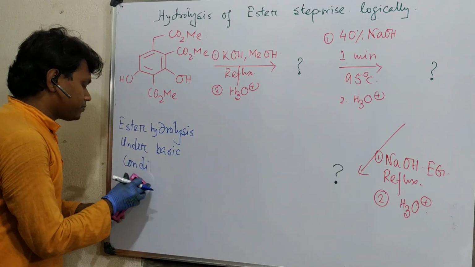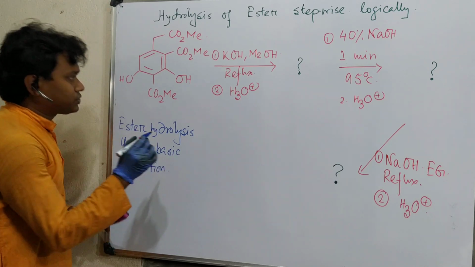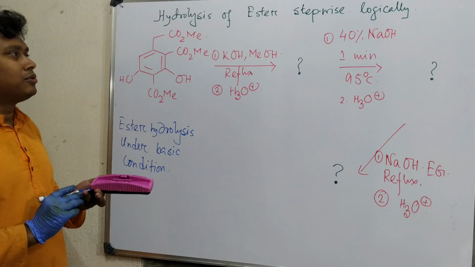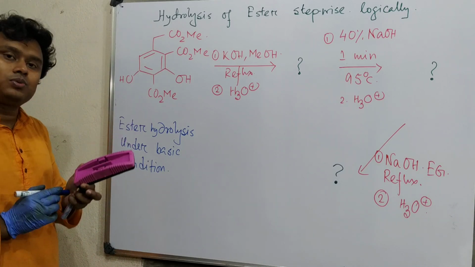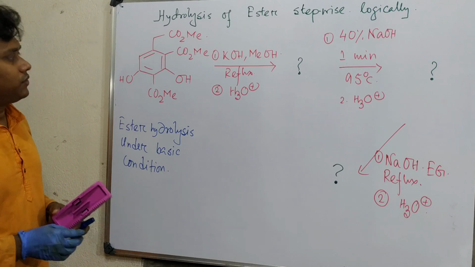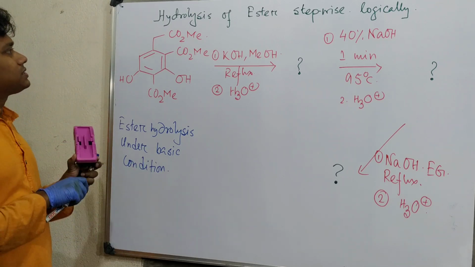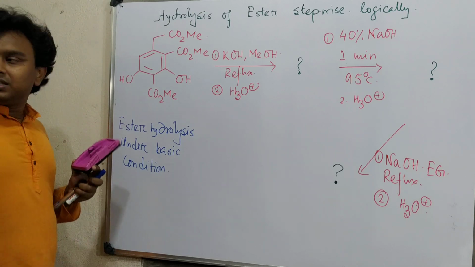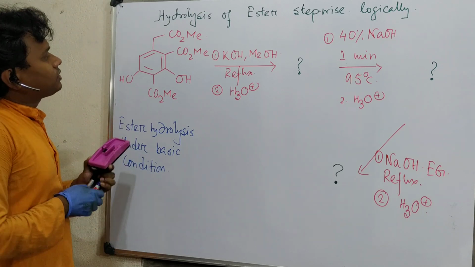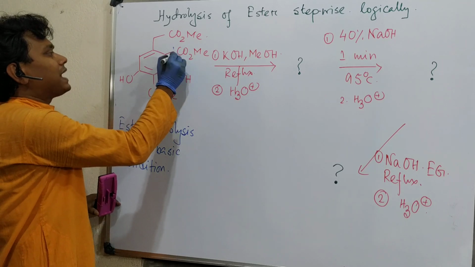Now let's come to it stepwise, and after that I shall give you my personal opinion about these reagents. First of all, if you look at these, these are aromatic acid derivatives.